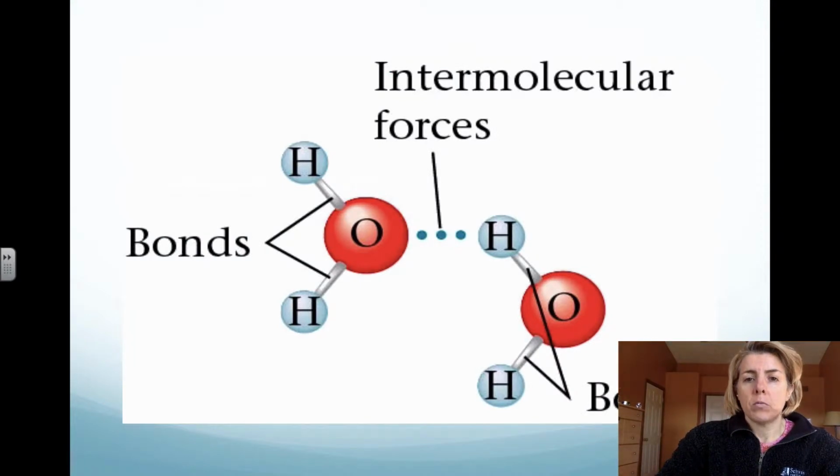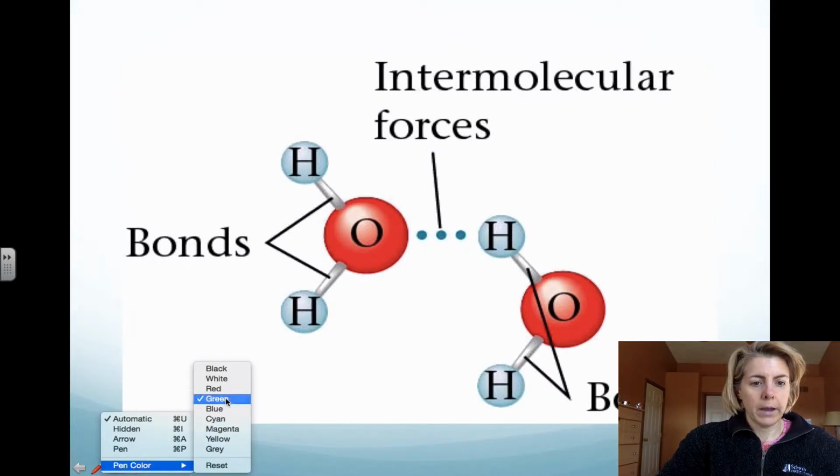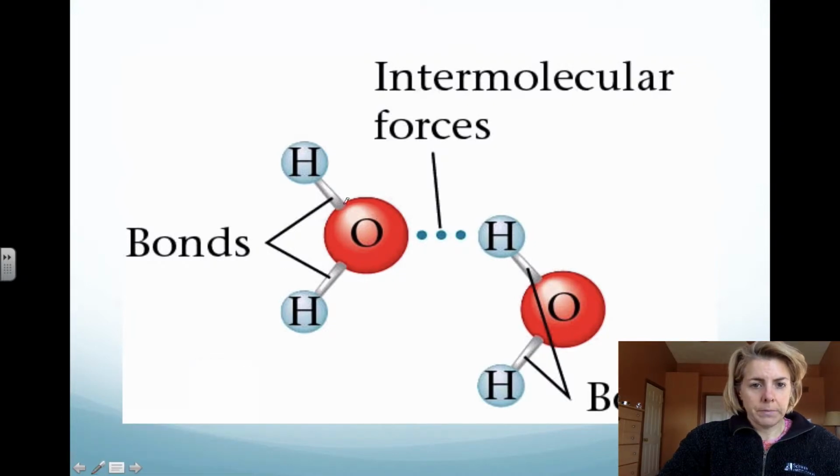So looking at water, it's a great example of figuring out why we see liquid water. Notice there's a couple of different things going on with water. Here we have oxygen bonded to hydrogen, and these are actual chemical bonds. But notice this series of dots here.